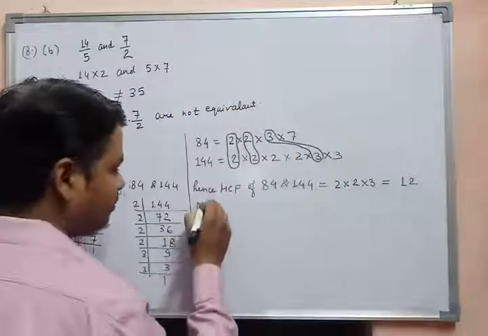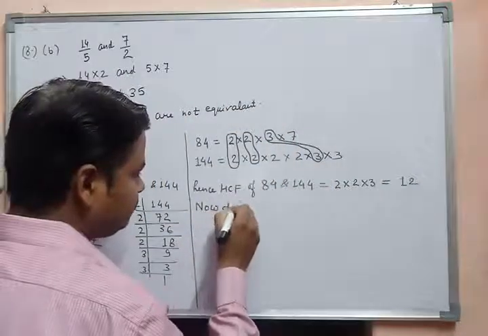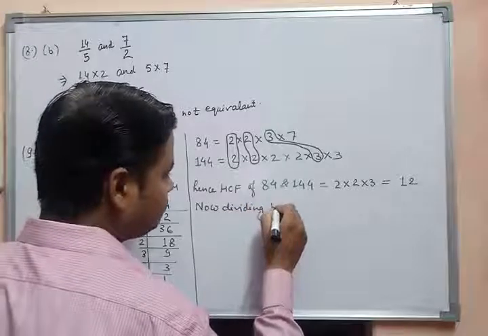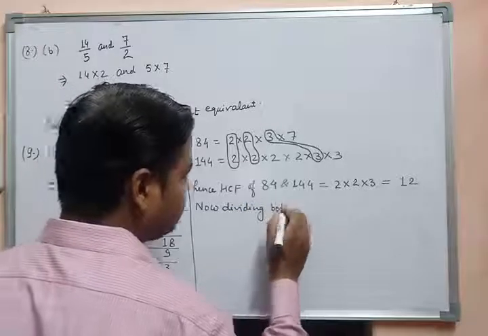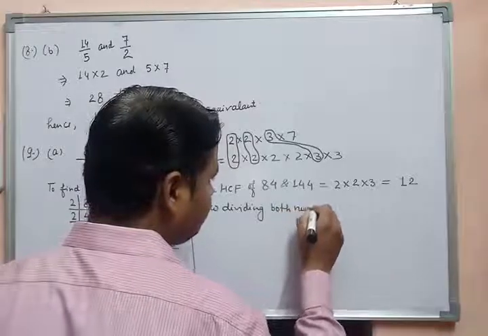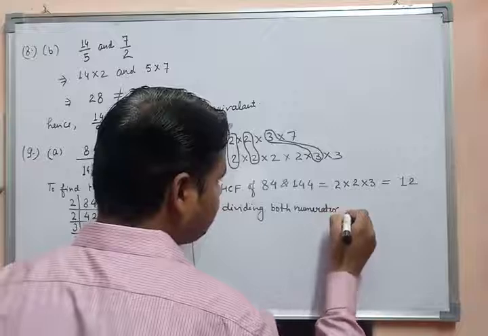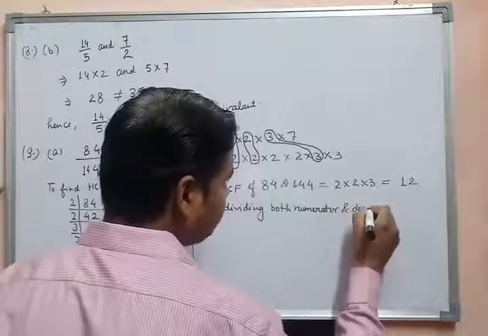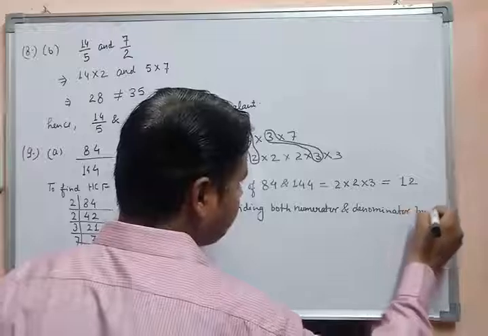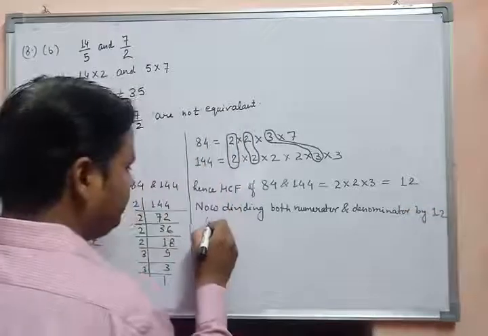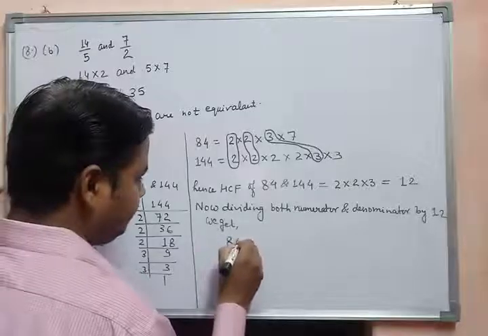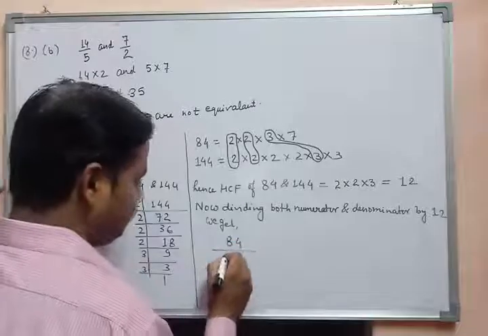Now dividing both numerator and denominator by 12, we get 84 upon 144.